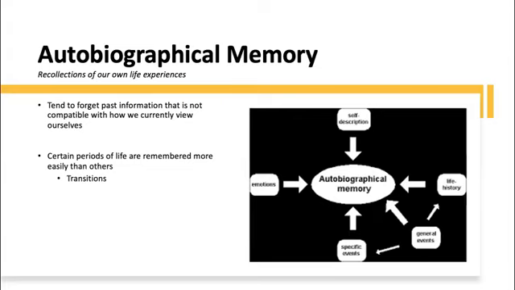Certain periods of our life are more easily remembered than others, such as transition points in our life. So, things like going through adolescence, moving on to attend college, starting a new career or a job. These memories are easier to recall than our day-to-day occurrences or events that occur between the transition periods.